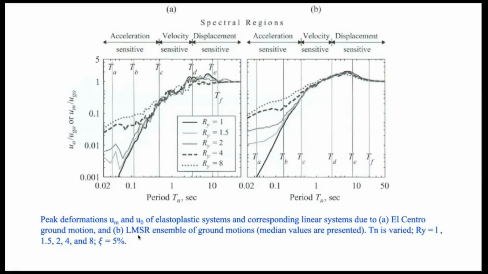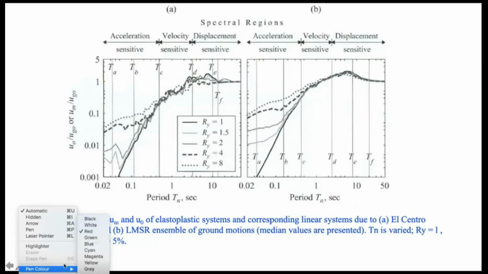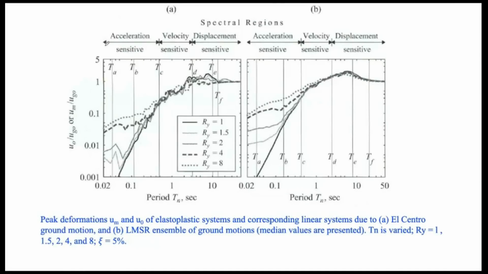And what you see here is that the peak deformation demand is shown with respect to the natural vibration period, Tn, for various selected values of Ry. So if you understand what is happening here, an elastic system is taken where analysis is carried out to calculate u naught.